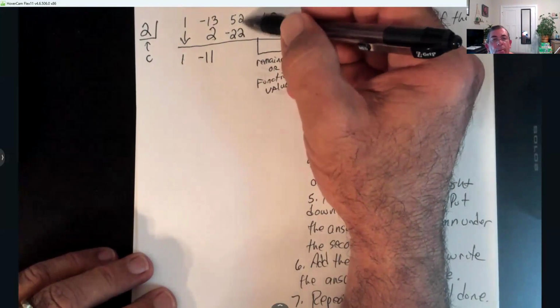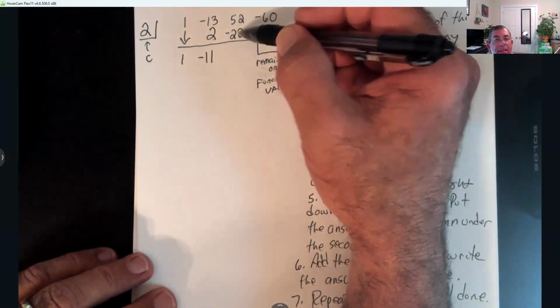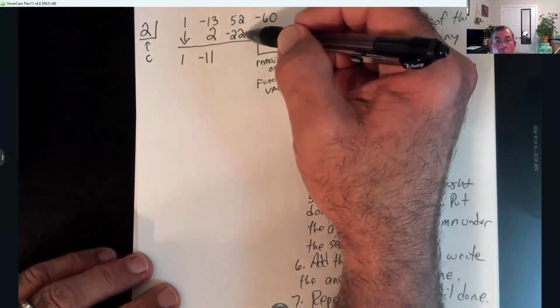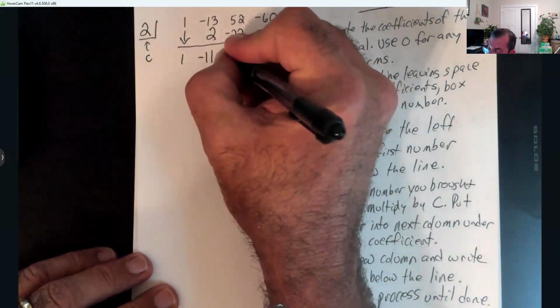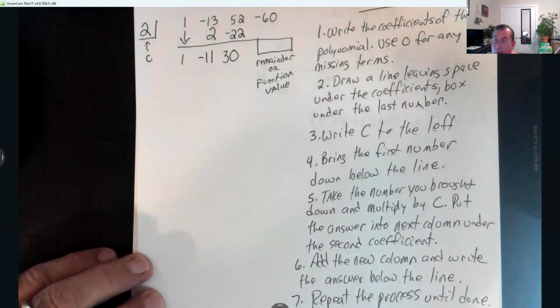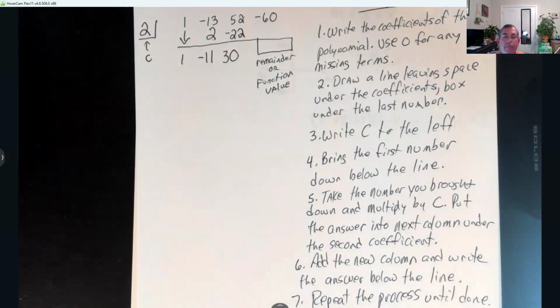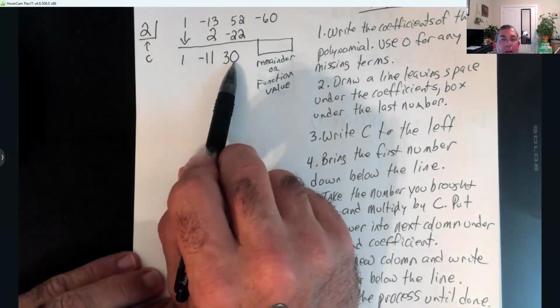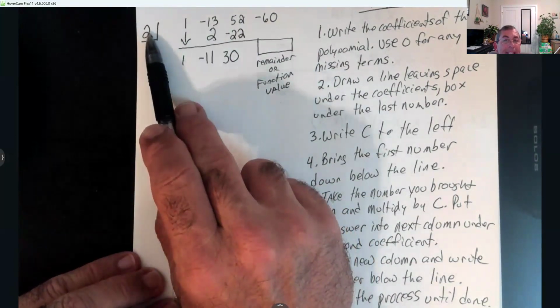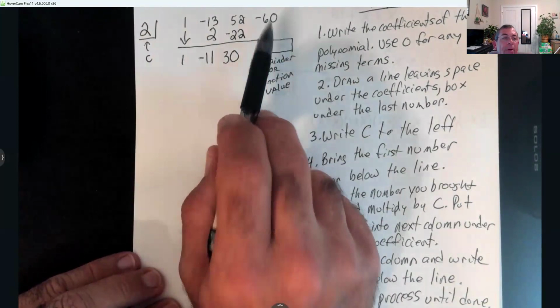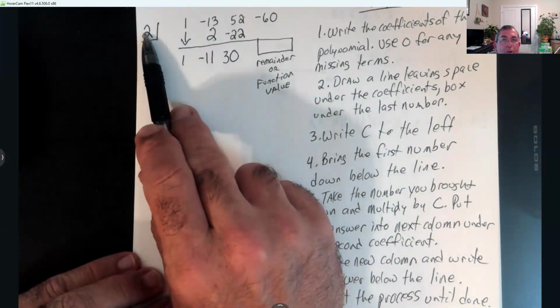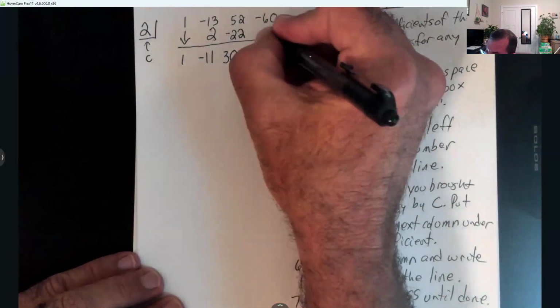Now, when they're in a column together, we're going to add. So 52 and a negative 22 give me 30. I brought that number down below the line. Since it's below the line, I'm going to multiply by C to get my next number. So 30 times 2 is 60.